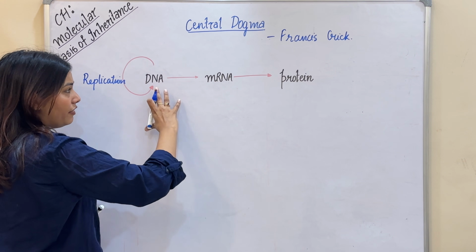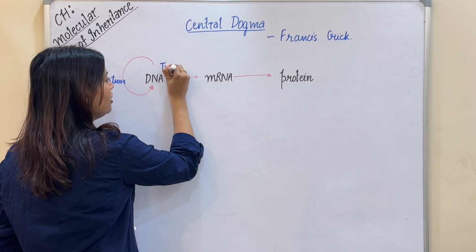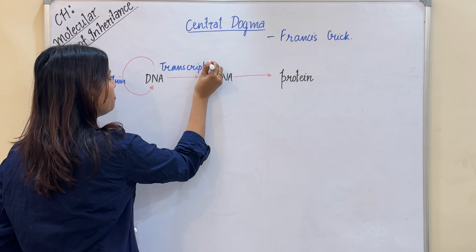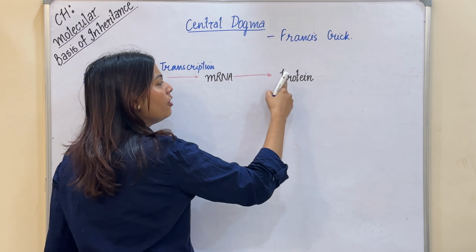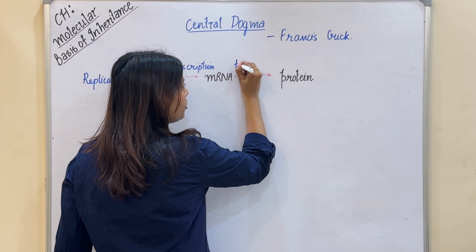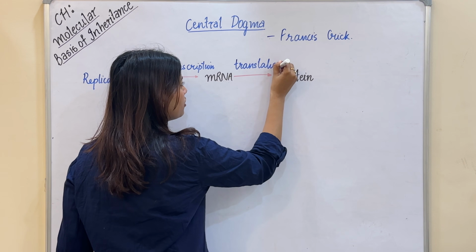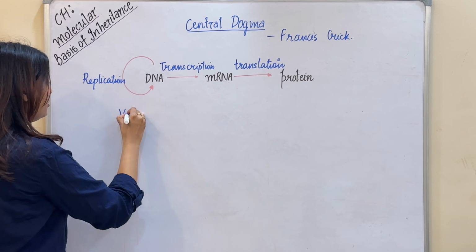So the conversion of DNA into mRNA is called transcription. And then mRNA will produce protein with the process of translation. But what about the viruses?